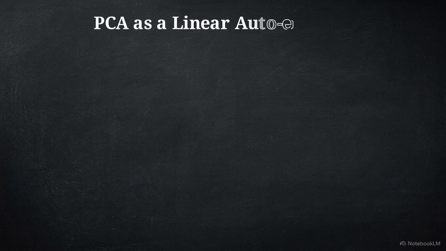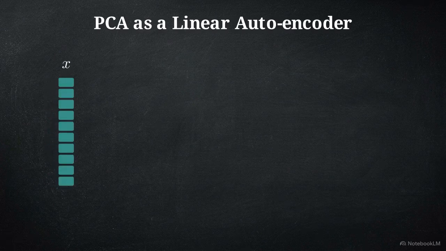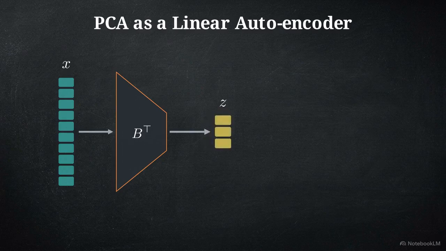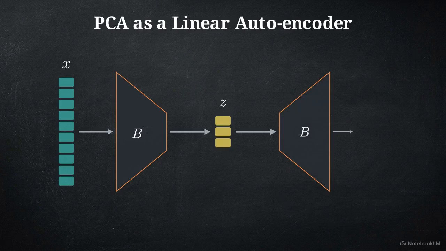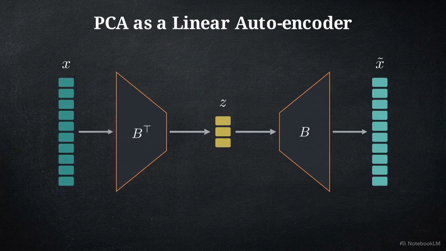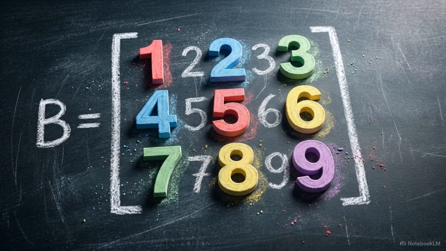We frame PCA as a linear autoencoder. An original data vector X passes through an encoder matrix, B transpose, mapping down into a compressed code vector Z. The process is reversible. The code Z passes through a decoder matrix B, producing the reconstructed vector, X tilde. The properties of this matrix B are strict.